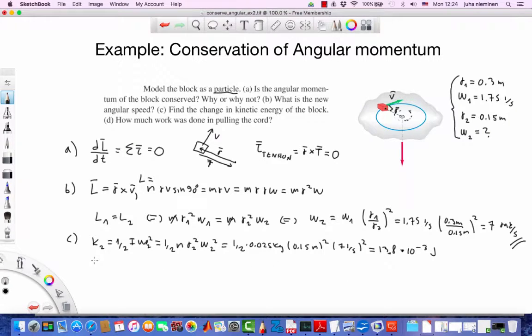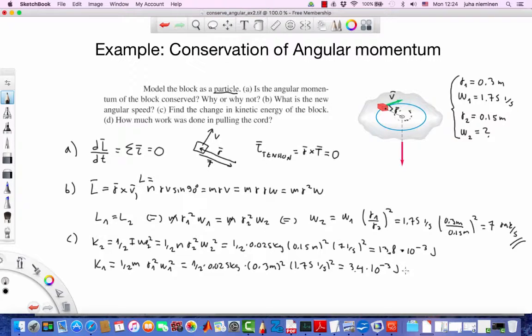Not a whole lot. And then same for K1, so that's going to be half times m, but now initial radius squared and initial angular speed squared, and that's going to be half times 0.025 kg times 0.3 meters squared and 1.75 radians per second squared, and the magnitude is 3.4 times 10 to the minus 3 joules.